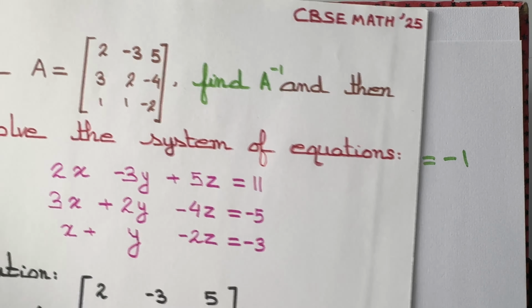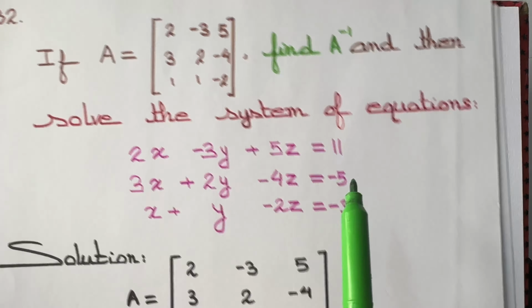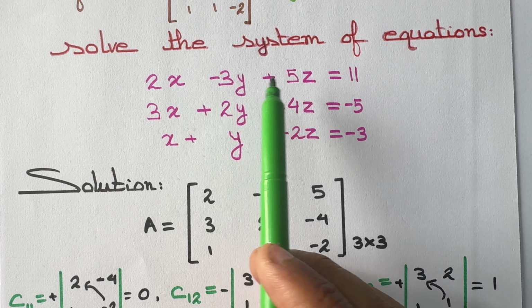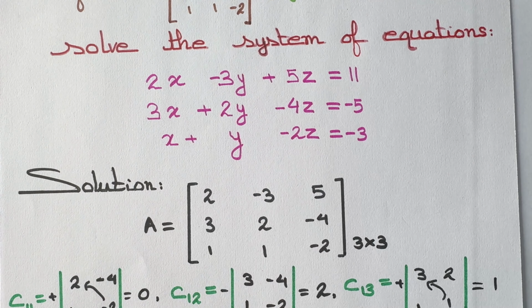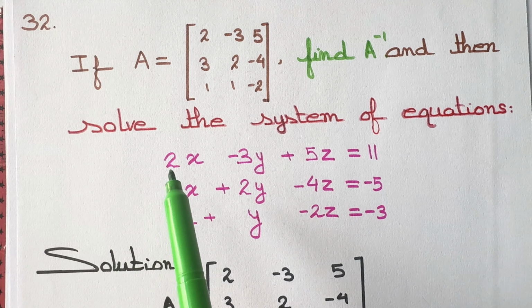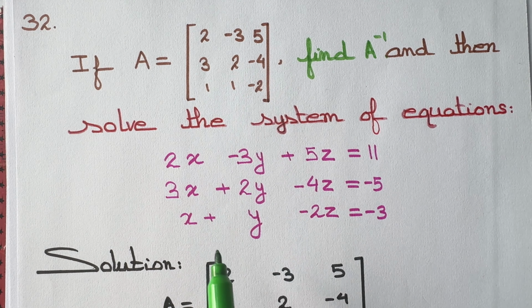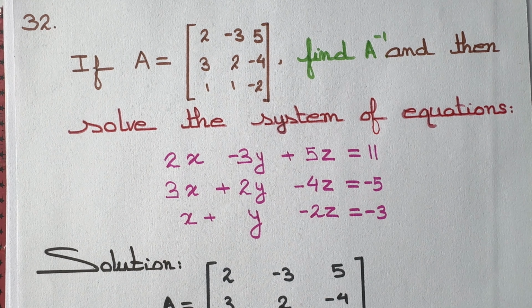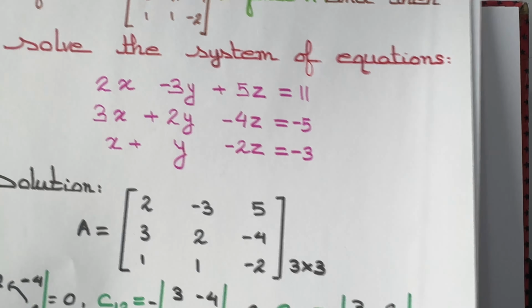Now, the question says if A equal to this, find A inverse and then solve the system of equation. Observe that the coefficients of x, y, z are 2, minus 3, 5, 3, 2, minus 4, 1, 1, minus 2. Okay, A is just the coefficient matrix of the system of equation.